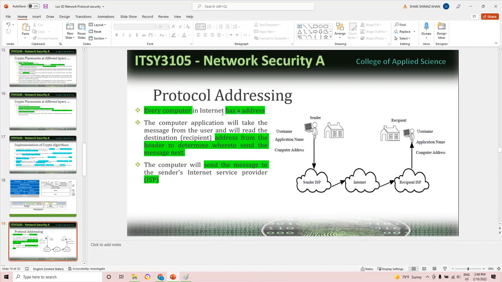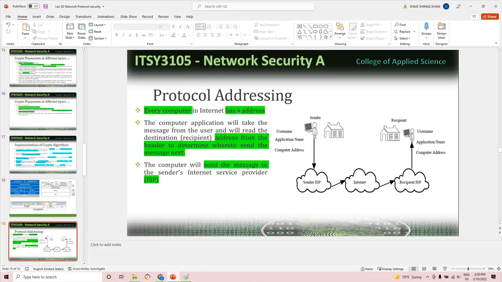So every computer has an address. The application takes the message from the user and reads the destination recipient. The address from the header determines where to send it next. So the address is very important, and you can find it in the IP header.